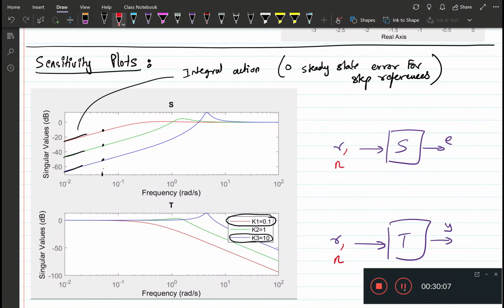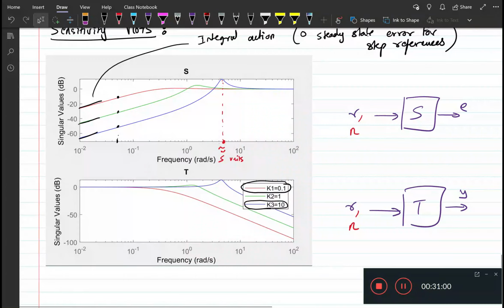If you have noise, which is typically assumed to be at high frequencies, say here, around 5 radians per second, then we see that this noise would correspond to a high error for k3 equal to 10, but would lead to a relatively low error for k1 equal to 0.1, which means that if we have a high value of gain, we would have high frequency noise amplification.